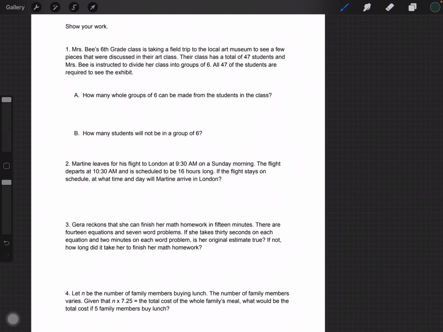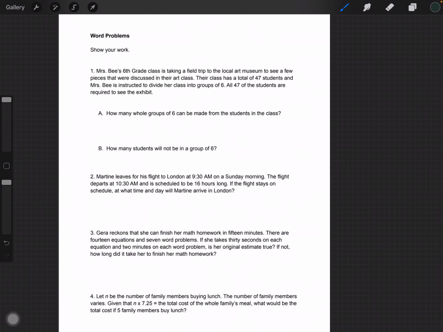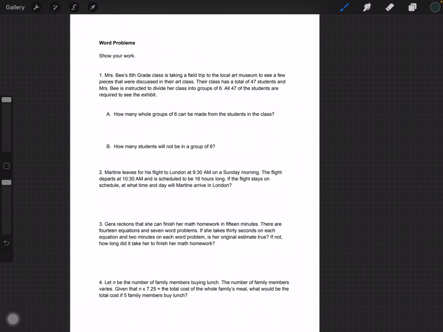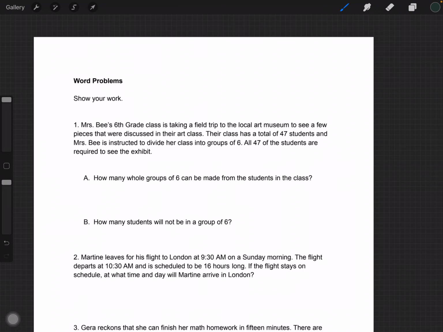And then the last page are some word problems. I think I'm going to do 2 of them. So number 1 says Mrs. B's 6th grade class is taking a field trip to the local art museum to see a few pieces that were discussed in their art class. The class has a total of 47 students, and Mrs. B is instructed to divide her class into groups of 6, and all 47 of the students are required to see it.